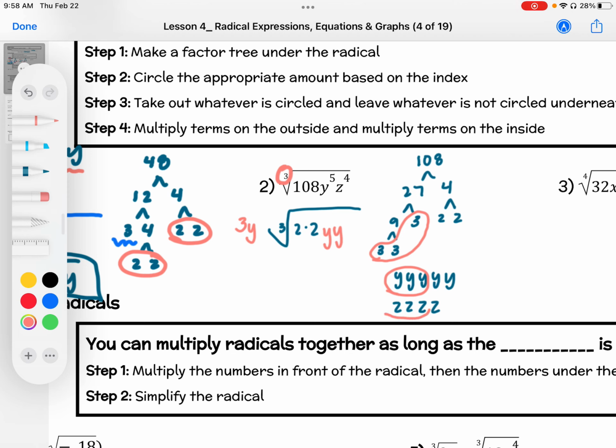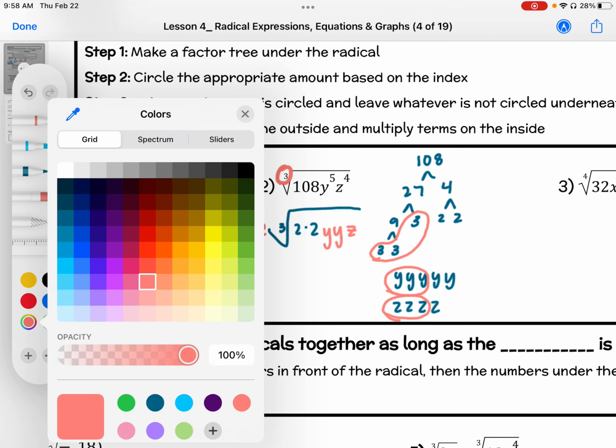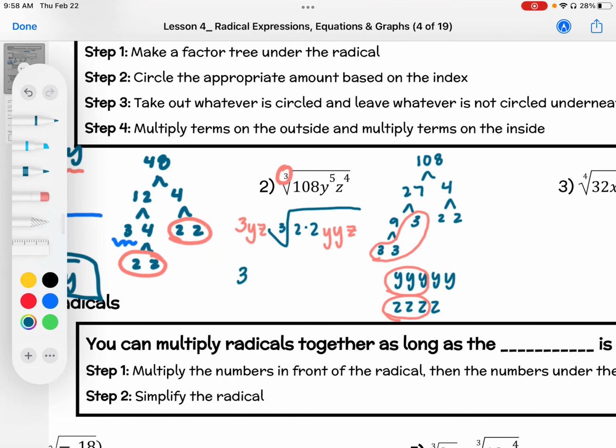Then we have 1 group of z's, so I'm going to have 1 z on the outside, and then 1 z left on the inside. Then we need to multiply everything that we can. So we have 3yz on the outside, cube root, 2 times 2 is 4. We have 2 y's, which we write as y squared, and then we have z.